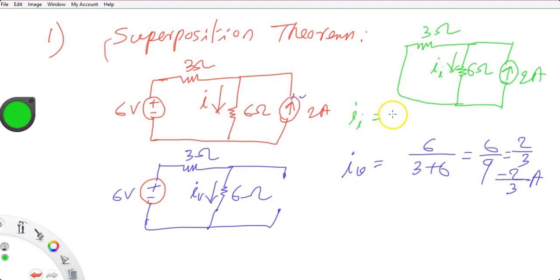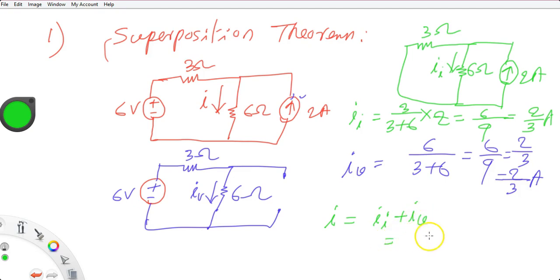Using current division, you can find 3 upon 3 plus 6 into 2, that is 6 upon 9 again, 2/3 ampere. So the total current you have to add algebraically. So I equals I' plus I'', so you will get 2/3 plus 2/3, which is 4/3 ampere.